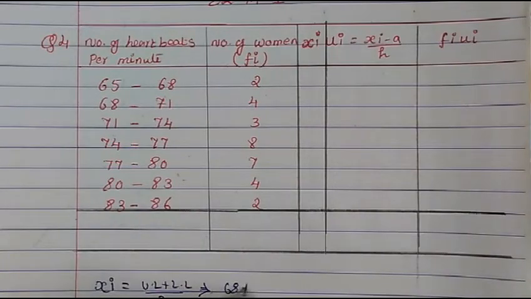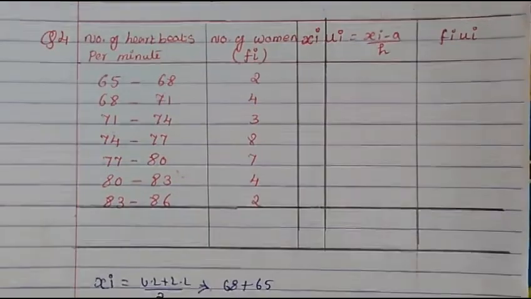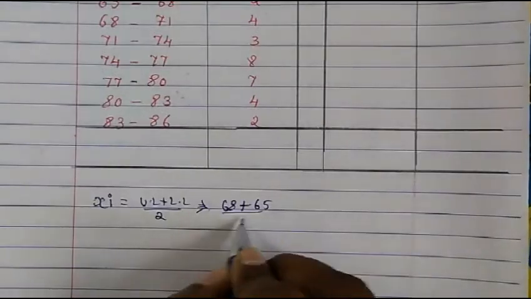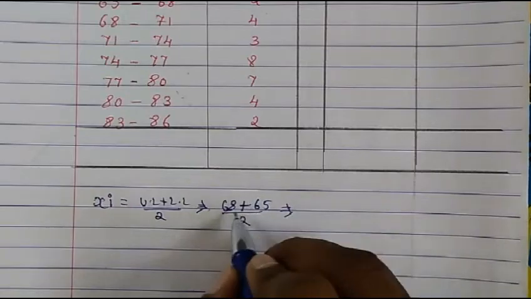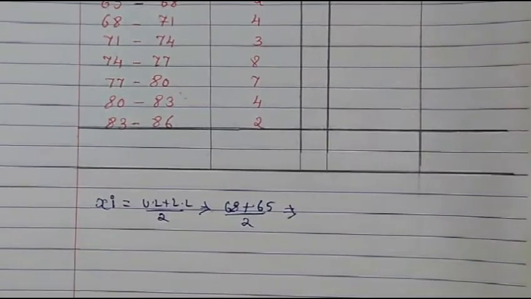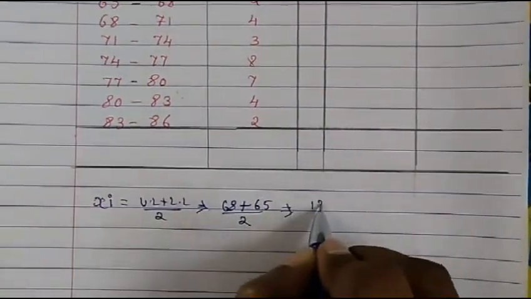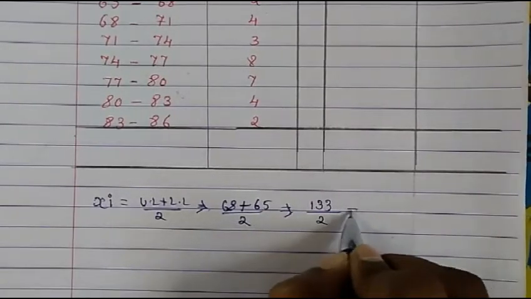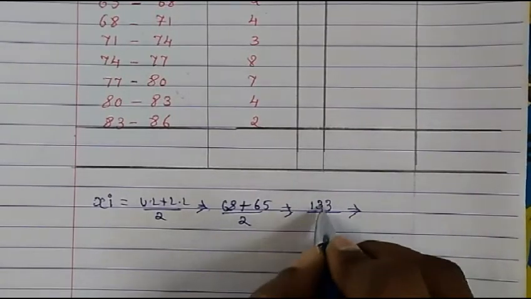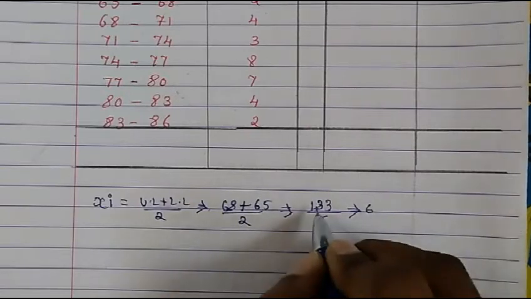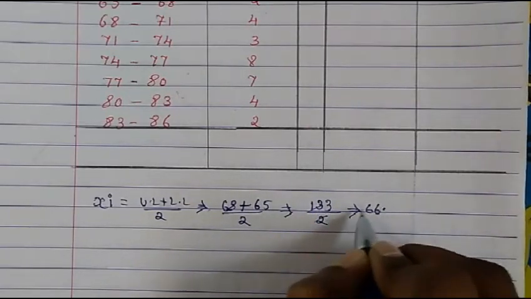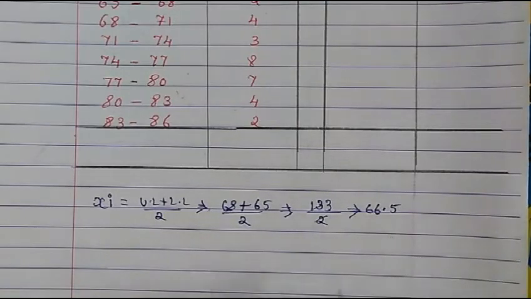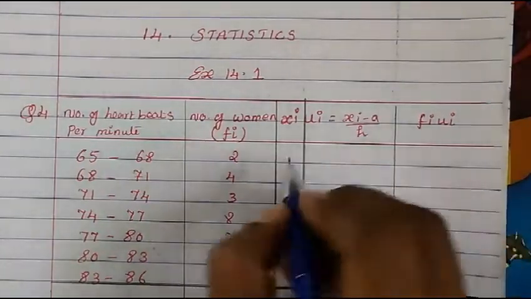So 68 plus 65 divided by 2 gives us 133 divided by 2, which is 66.5. So that's how we find out Xi.